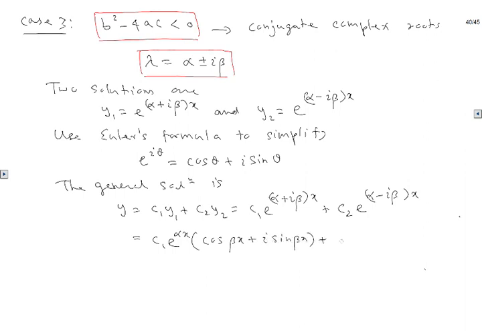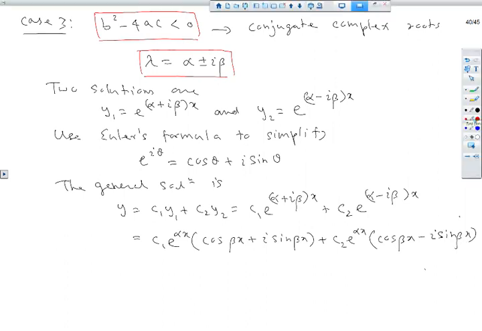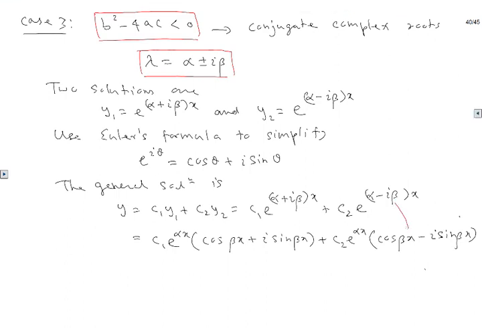The second one also you can write the same way. You can write this one as c2 e alpha x cosine beta x minus i sine beta x, because cosine is an even function. Okay, so that part's going to give you that, this one is going to give you this.